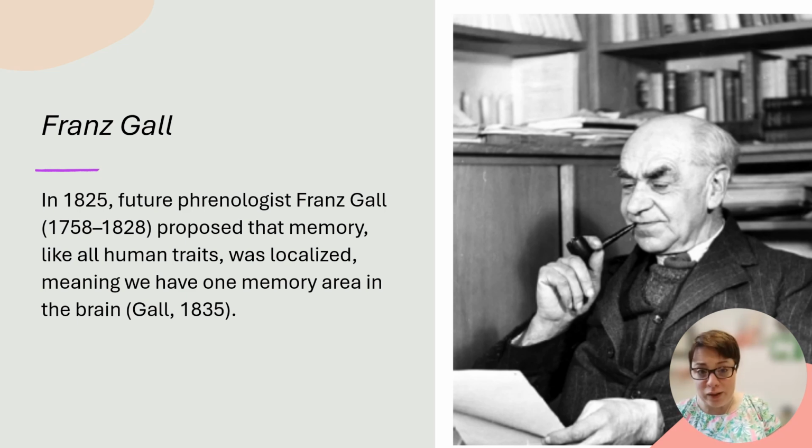This notion was supported by the work of Paul Broca, who found that damage to a specific area in the left hemisphere resulted in profound agnosia or loss of spoken language, and Carl Wernicke, who found that damage to a different area of the left temporal lobe resulted in profound agrammatism or loss of grammar. The apparent localization of memory for words and rules of grammar suggested that memories were, in fact, localized to specific parts of the brain.